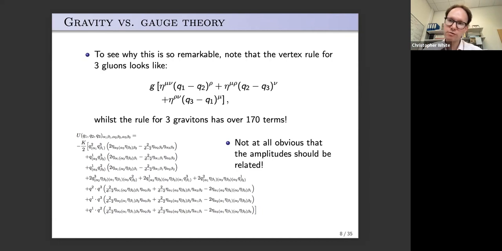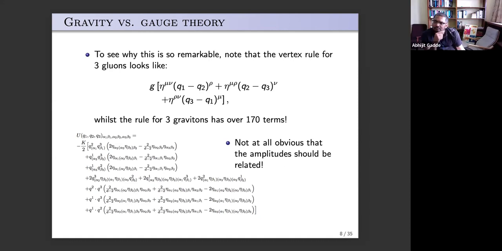So what you can do order by order in perturbation theory is add extra terms in the Lagrangian in QCD that basically cancel off bits of diagrams so that when you calculate perturbatively with that Lagrangian, you get manifestly the BCJ dual form where you can take a double copy. And remarkably, when you want to make this BCJ duality manifest, you end up adding an infinite number of terms. And those then map to the infinite number of terms in gravity.